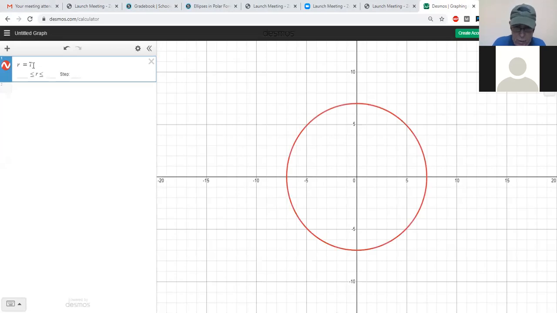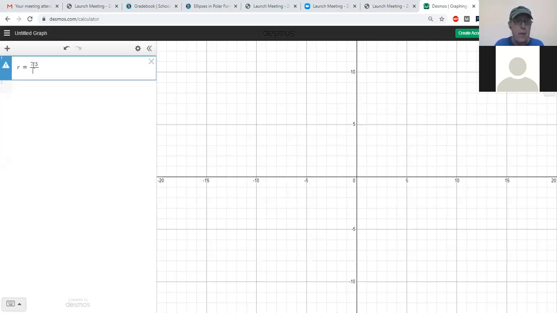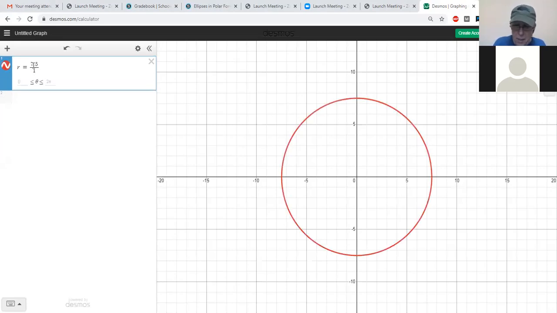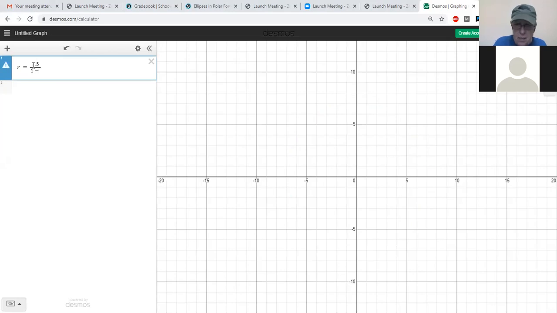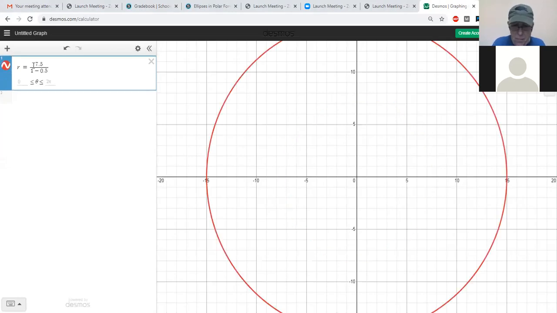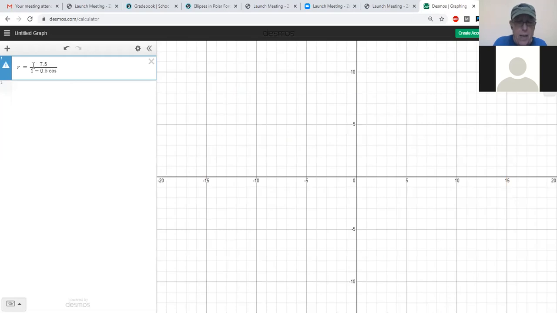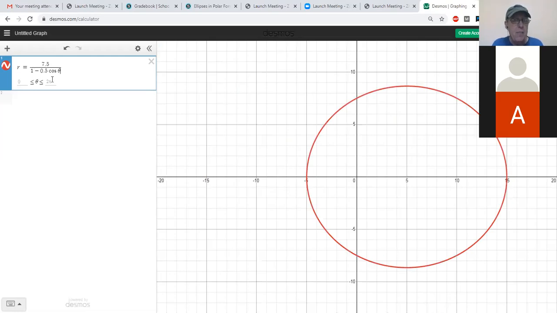I'm going to write 7.5 and then the fraction bar, which is the key with the question mark on it. And then in the denominator, 1 minus 0.5 cos, and then I'm going to write the word theta, and did you see how Desmos automatically gives me that Greek letter there?